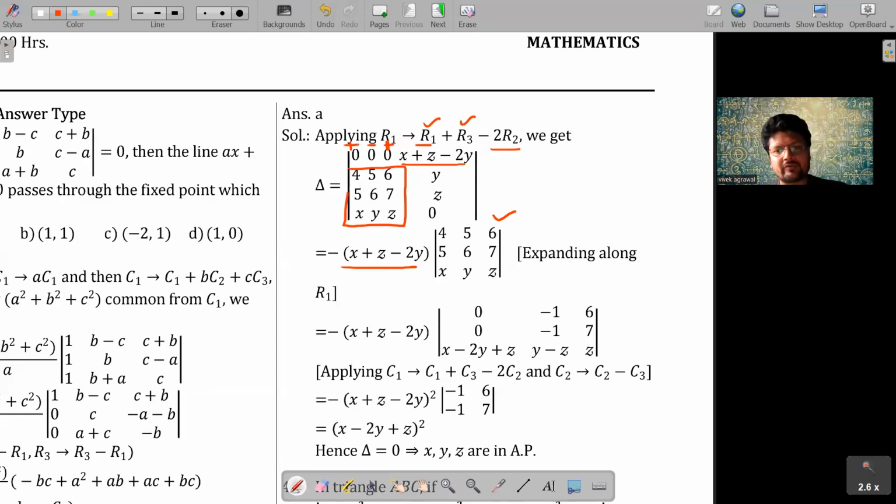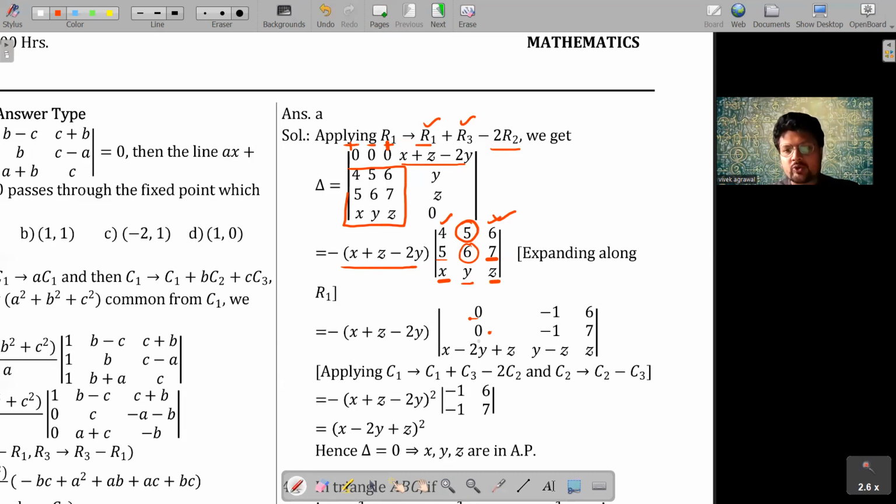For that, column number 1 plus column number 3 minus 2 times column number 2. Column number 1 plus column number 3: 4 plus 6 is 10, minus double of 5, which is 0. Again, 5 plus 7 is 12, and double of 6 is 12, so after subtracting you get 0. And now x plus z minus 2y you get here.